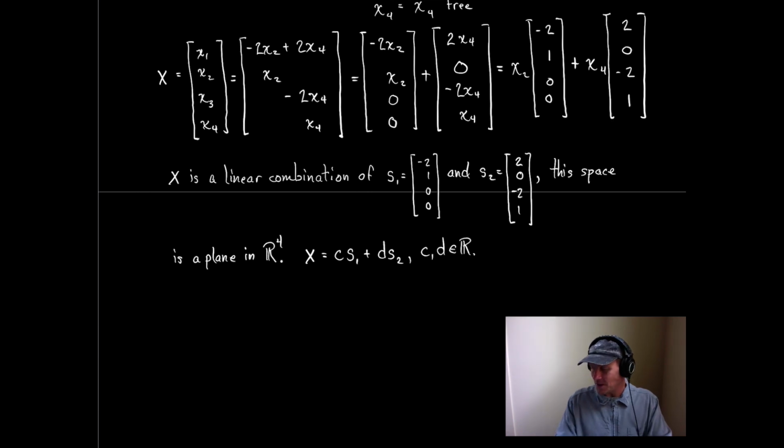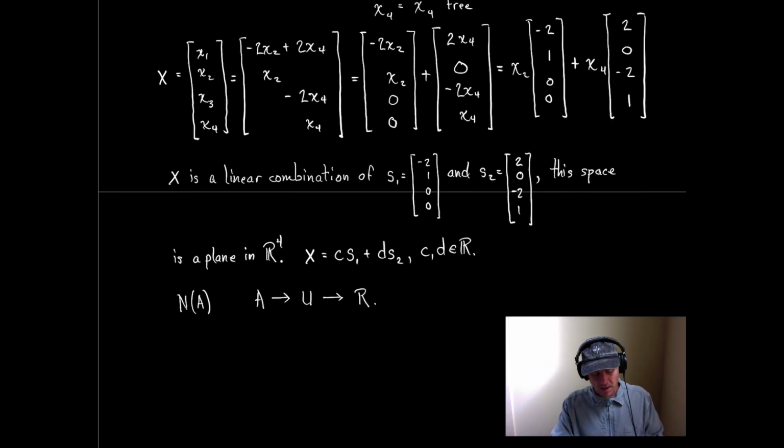Trying to think of any last minute thoughts. I'm going to check my notes to make sure I did everything that I wanted to. There's one more thing though that I wanted to show you, and that is this. What we did is we found the null space of A. And then we took A down to U, and then we took U to R. Well, along this path, what we were solving for was the vector x times that matrix would give us 0.